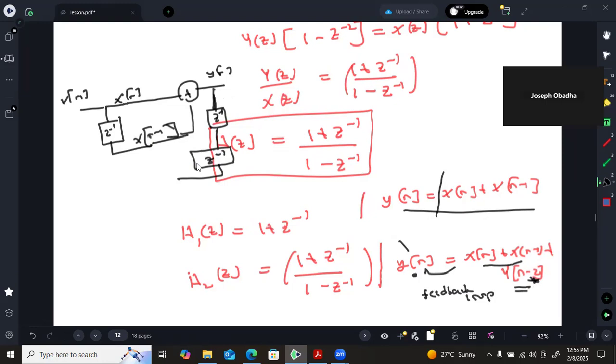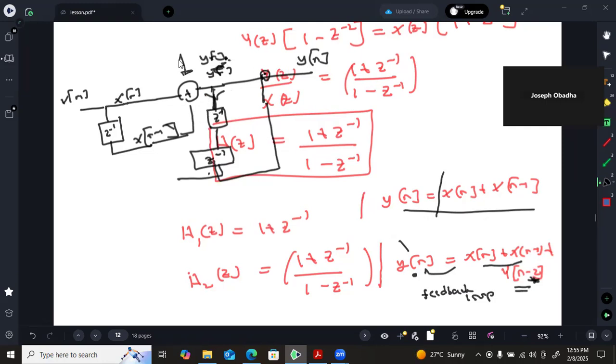Then we make it to be part of the input. I can have my y of n here now, delay it by 2 units, bring it, and add it to this.